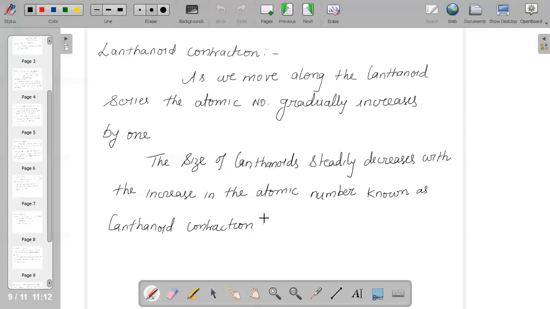And when we talk about the oxidation state of lanthanoids, the elements belonging to the lanthanoid series will exhibit an oxidation state of +3. Some elements have the tendency of exhibiting a +2 oxidation state in their complexes, and some elements exhibit a +4 oxidation state because of the high stability of empty, half or fully filled f subshell. So they exhibit oxidation states of +3, +2 and +4.